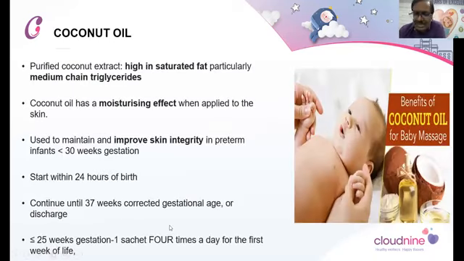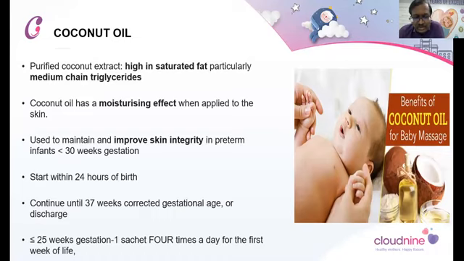So let us see a few points about coconut oil, because in India, most of the units use coconut oil, easily available, and which has got many advantages also. If possible, better to use virgin coconut oil. It is costly, but easily available, because it is rich in MCT.